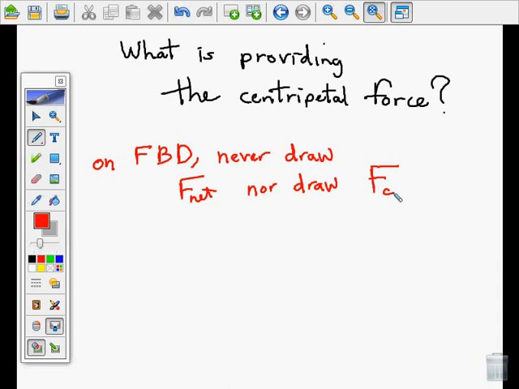F net and F sub c are labels for the overall effect in a certain direction. What we're trying to figure out is what physical forces are there that provide the centripetal force.